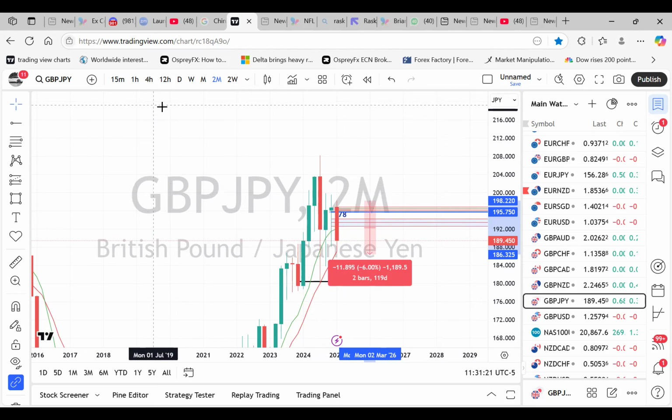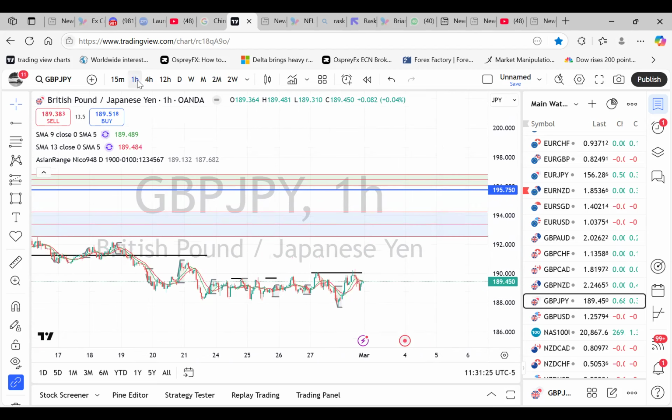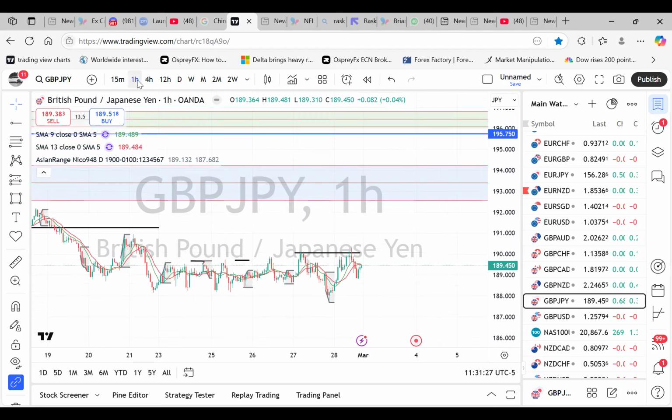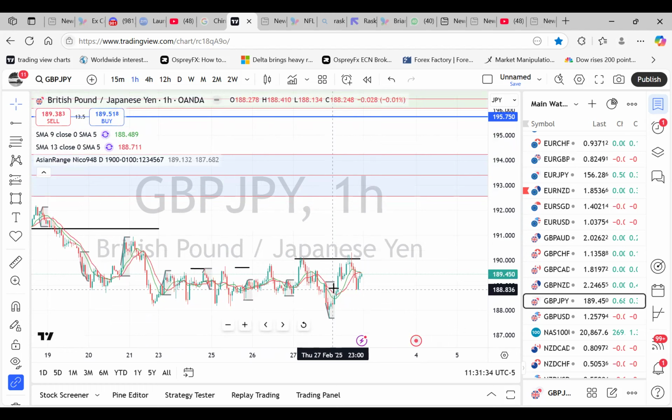If I can drop all the way down to this 1 hour chart and I can wait for price to get a market structure shift, right? If I can wait to break a high and get a market structure shift, now I can start cooking with Crisco because I understand I can enter this buy to go north for 700 pips.